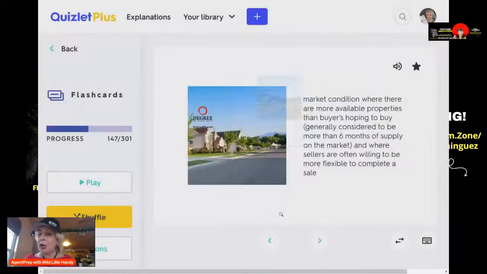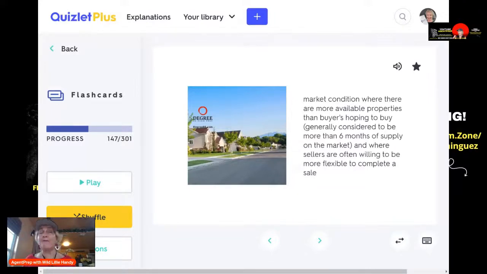So, market condition where there are more available properties than buyers hoping to buy. Not the market today. Generally considered to be more than 6 months of supply on the market, and where sellers are often willing to be more flexible to complete a sale. That is not now.